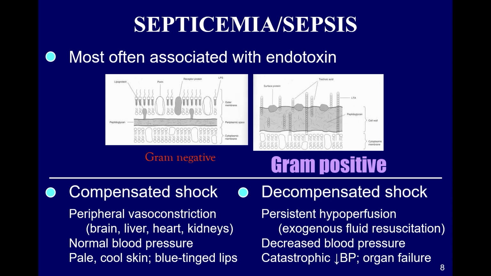In decompensated shock, that's the really severe case in which you have decreased blood pressure all around, you have failure of your vital organs, and that's despite being given lots and lots of boluses of fluids, right? So despite bolus amounts of fluid resuscitation, you still have that decreased blood pressure, and that's called decompensated shock.